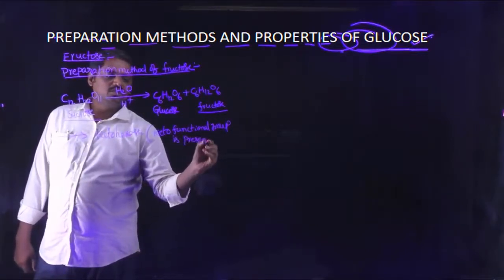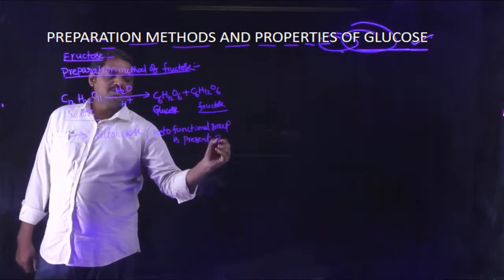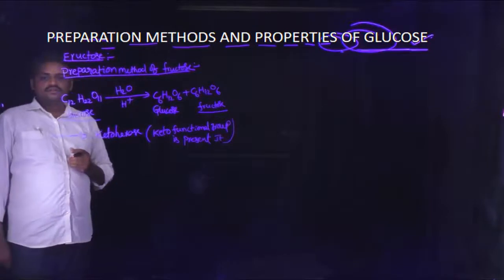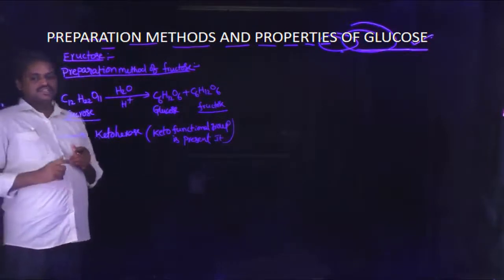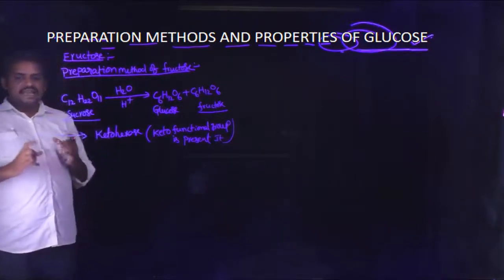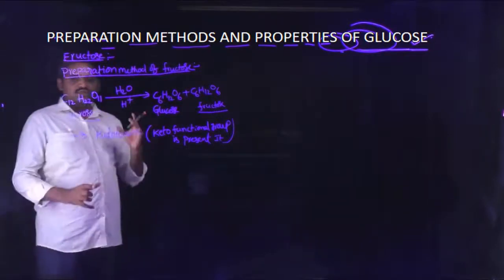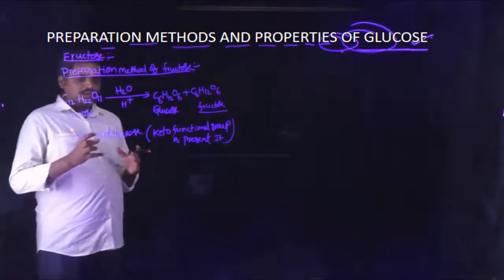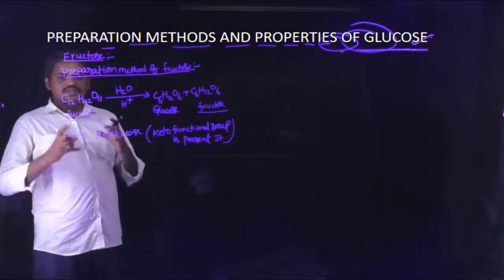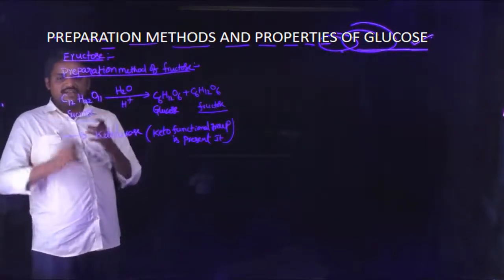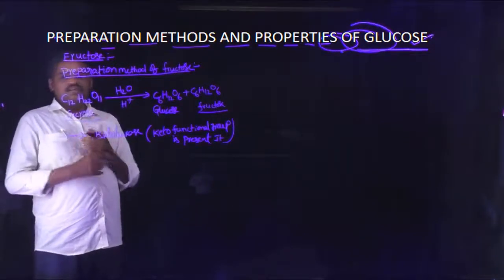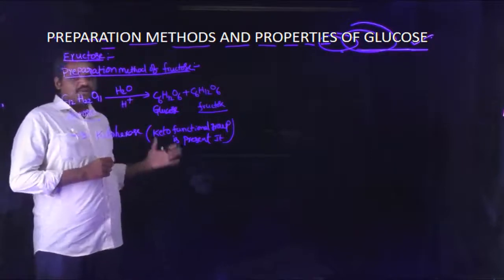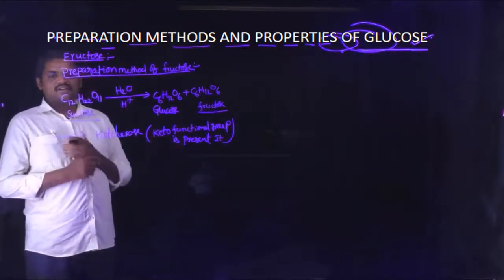The structure is slightly different from glucose. In the glucose structure, the first carbon is an aldehyde group, the remaining four carbons carry hydroxyl groups, and the last carbon, at the bottom, carries a primary alcoholic group.